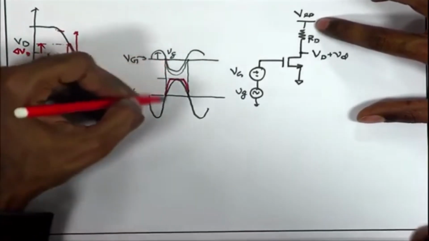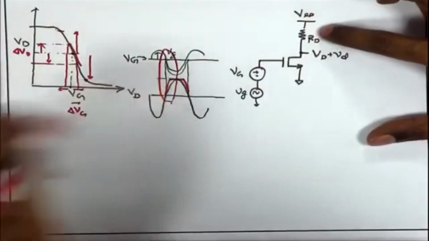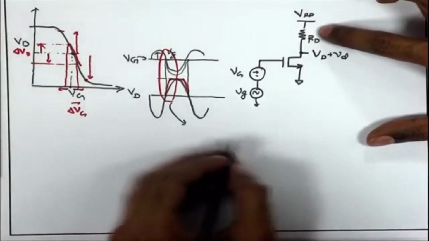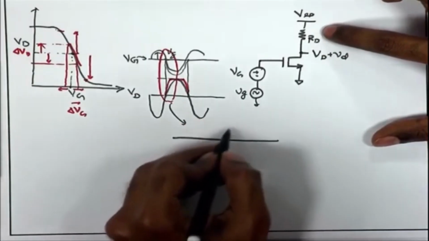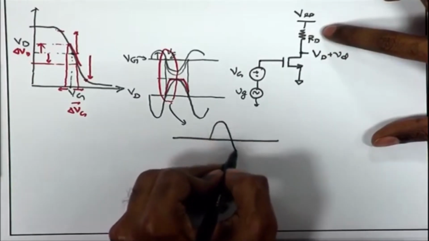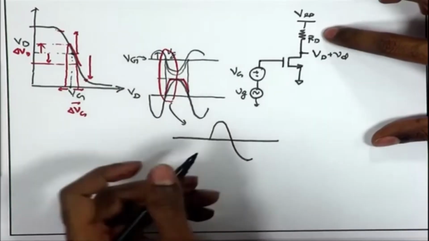So, if I magnify this region where this clamping is taking place, what is happening? My input signal is going sufficiently low, it may hit Vt, right.